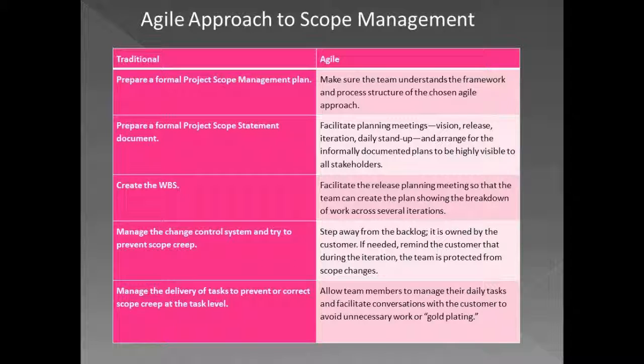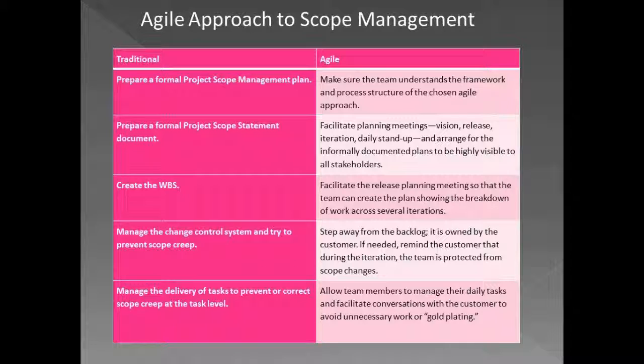And then in PMBOK, you have what is called defining the scope, where you prepare a formal scope statement. As far as Agile is concerned, you conduct a vision meeting and clarify the boundaries and scope and the product scope with the customer, and agree on what you will do for the specific iterations. So you formally do have the process of creating a scope statement here.